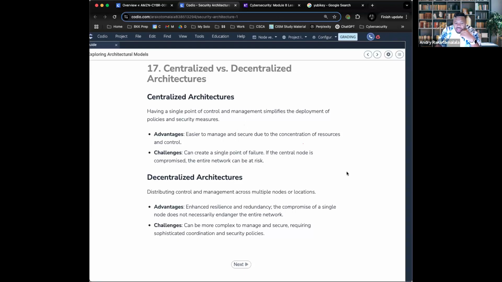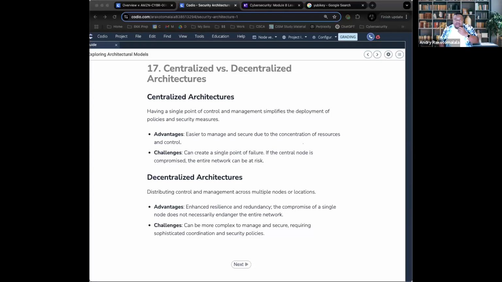Now, the decentralized architecture is slightly different because the benefit is that it's more resilient to outages. Since a lot of the data is spread out in a bunch of different places, there's no single point of failure. If one of the nodes goes down or one element goes down, it doesn't necessarily mean that the entire network is in jeopardy.